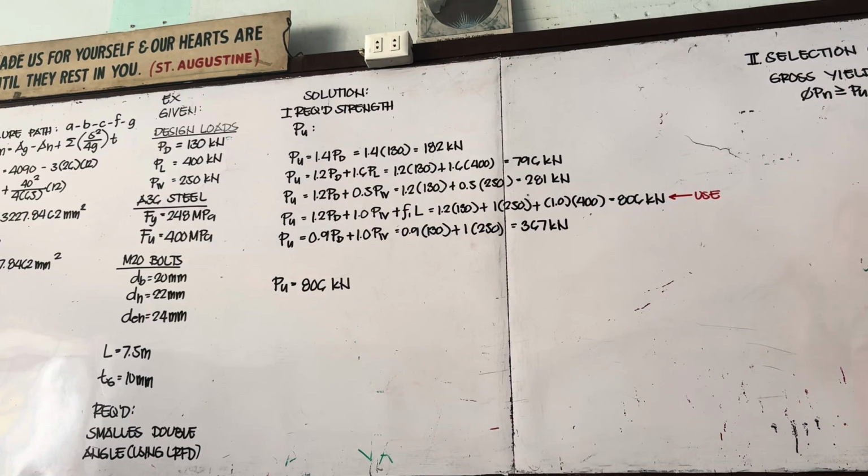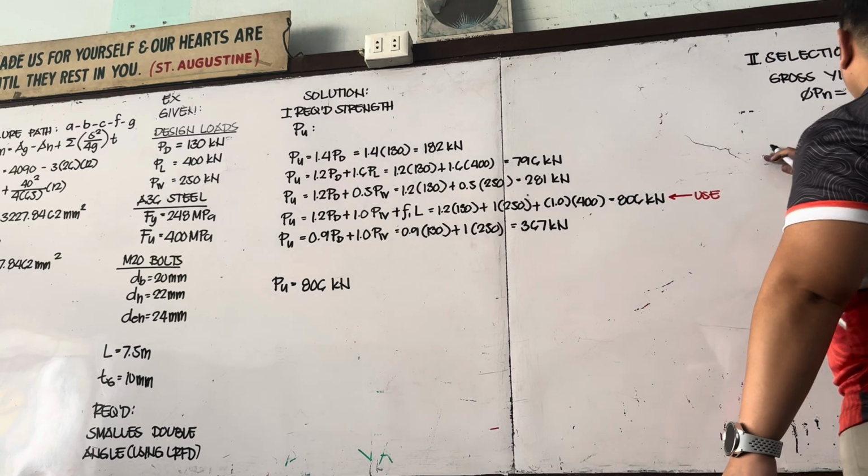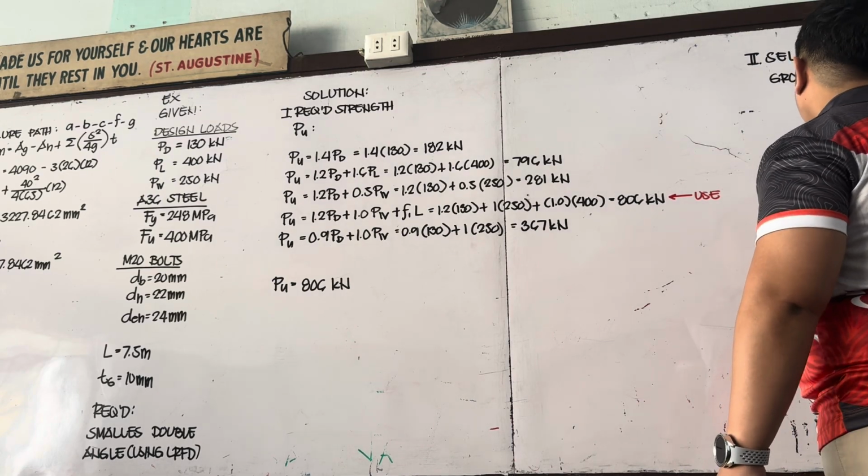Meaning, if you want to select the smallest possible, meaning, anong smallest possible sang PPN ta nga makasatisfy sang ini nga value? So that is, PPN should be equal to our PU. Okay, that is the smallest possible nga cross-section natin. Okay? Given ang phi natin for gross yielding is equal to 0.9, then ang PN natin is equal to FY AG.